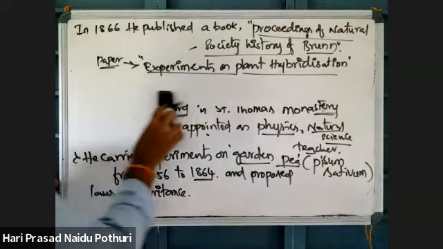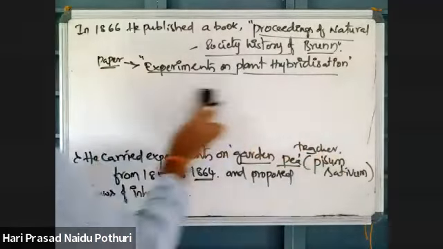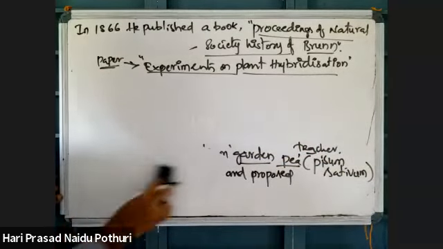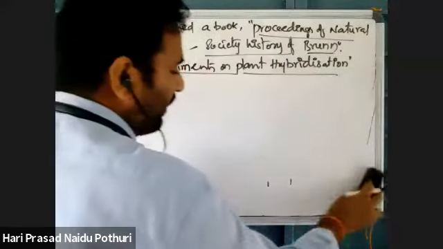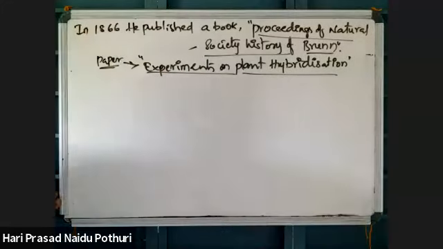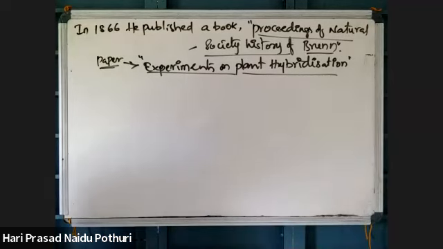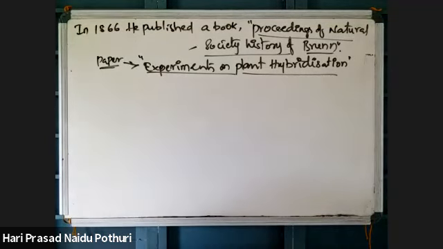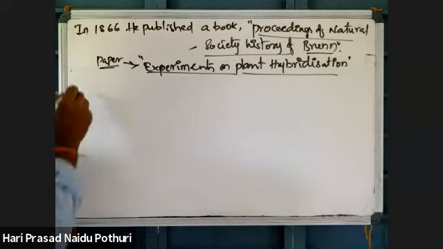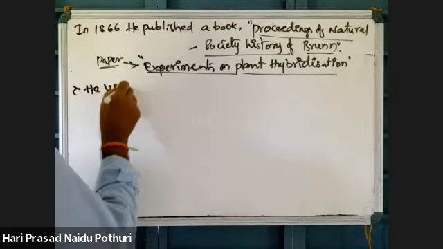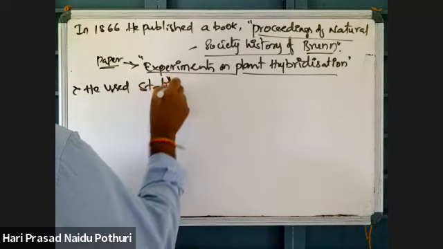But Mendel's publication did not come into existence for a long time, because the next scientists who worked on Mendel's experiment were not able to understand his work, because Mendel's investigation was studied for the first time with statistical analysis and mathematical data.